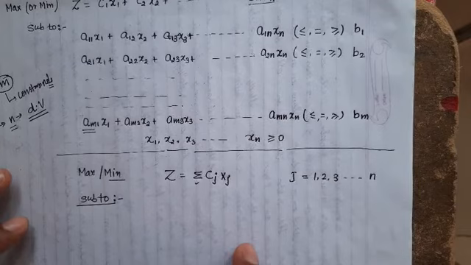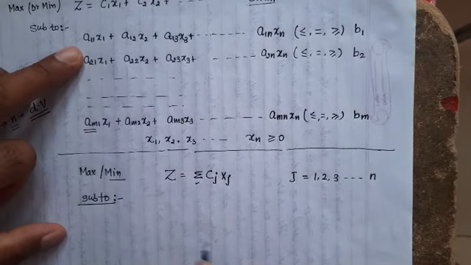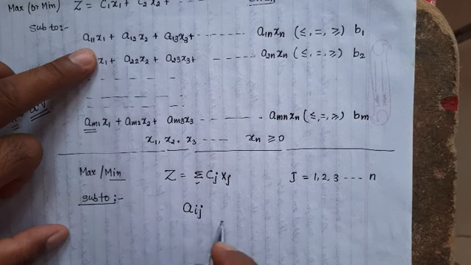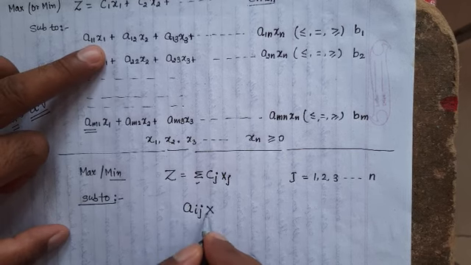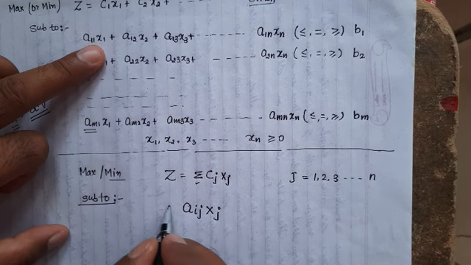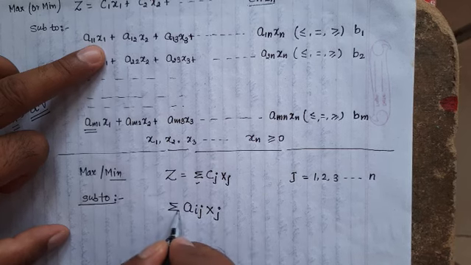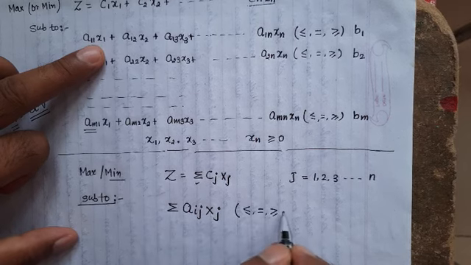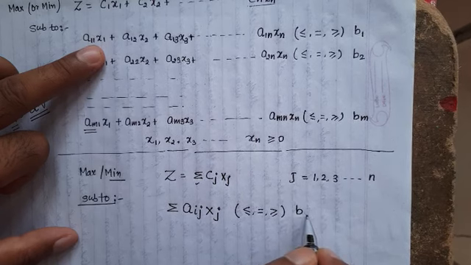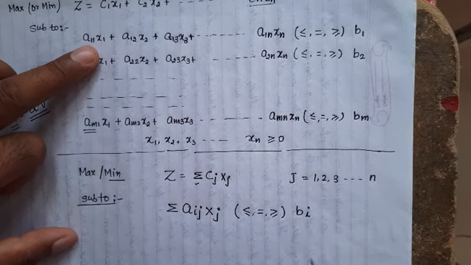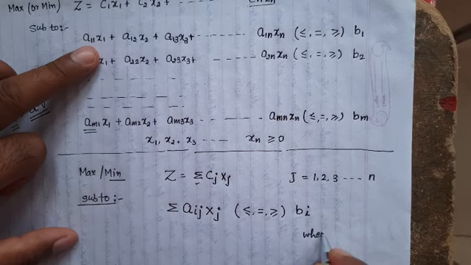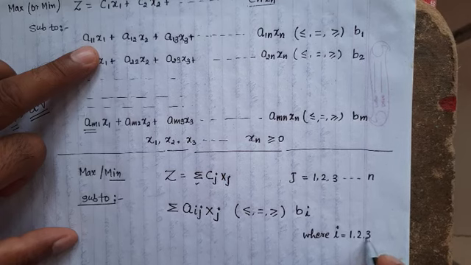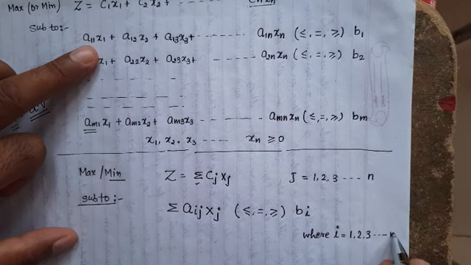It is subjected to these constraints. I will write them as aij xj, written in the form of a summation, which will be less than or equal to, or greater than or equal to, bi, where i has values 1, 2, 3, changing up to m.